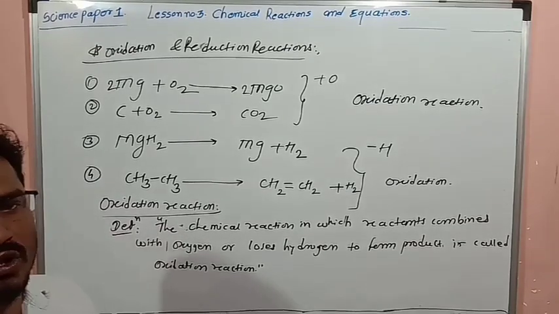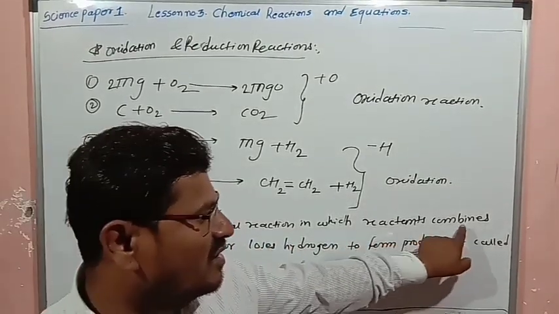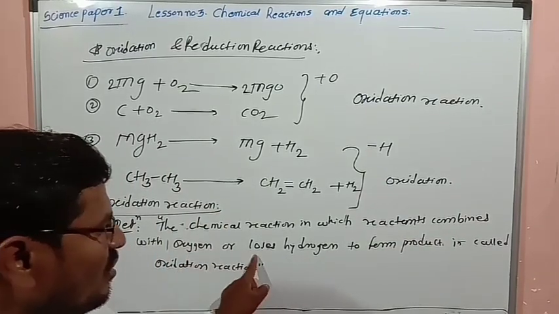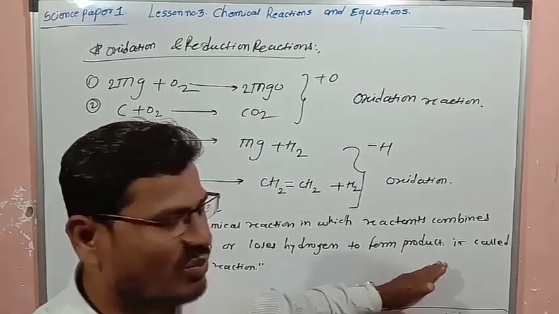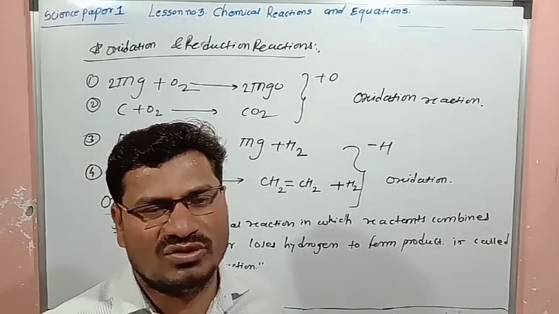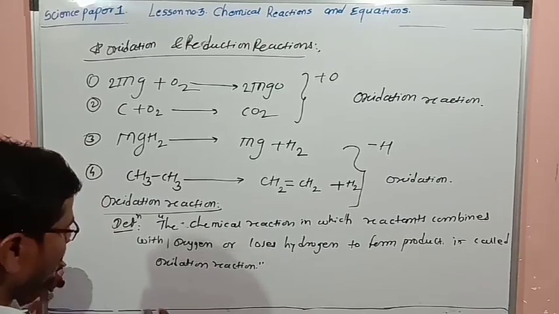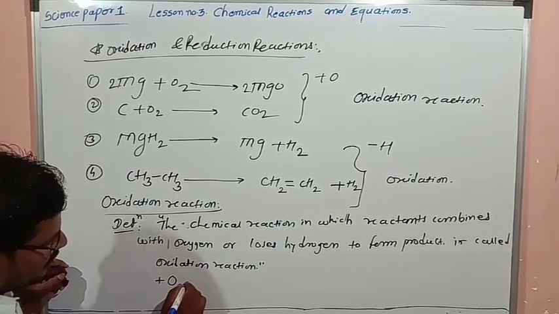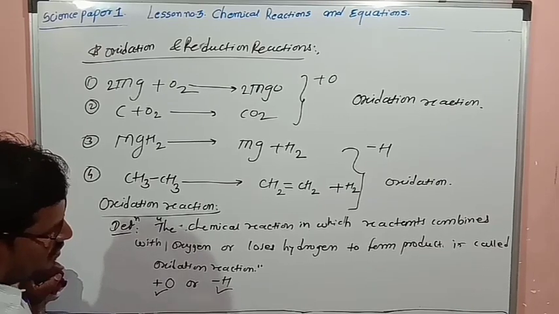So what do you mean by oxidation reaction? The chemical reaction in which reactant combines with oxygen or loses hydrogen. Reactant will lose hydrogen to form the product. This chemical reaction is called oxidation reaction. That means plus O or minus H. Oxygen is added or hydrogen is removed.